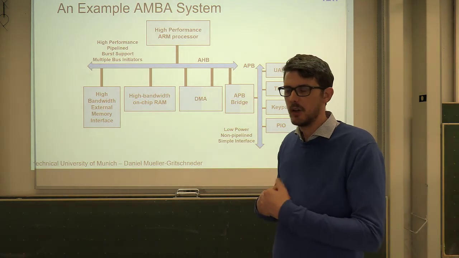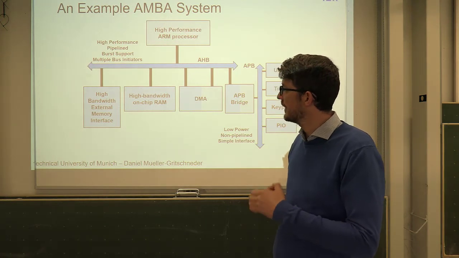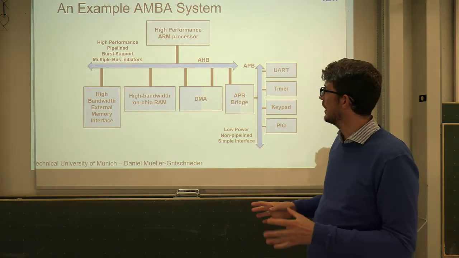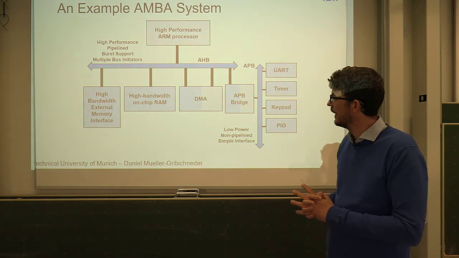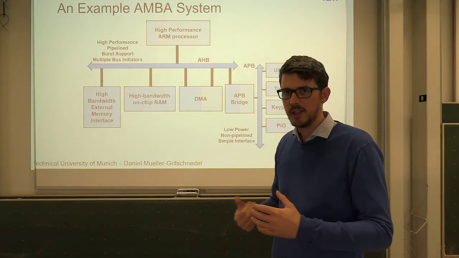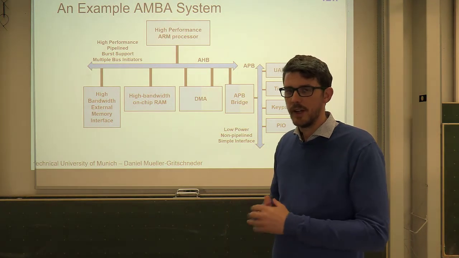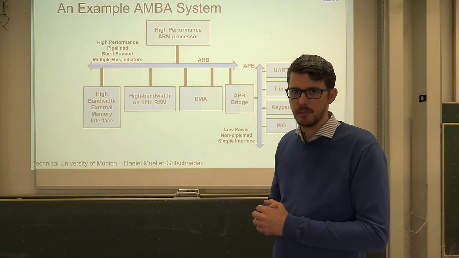They're running different protocols with different features. I hope you have a good understanding of that. I think that will be helpful for you later when, for example, reading some SoC data sheets to find out what kind of interconnect you have on your specific chip.